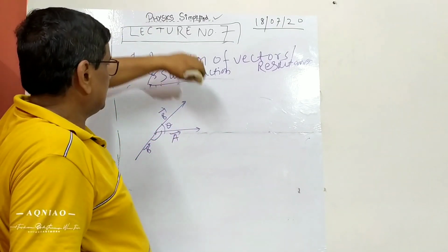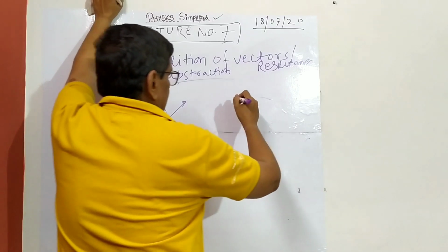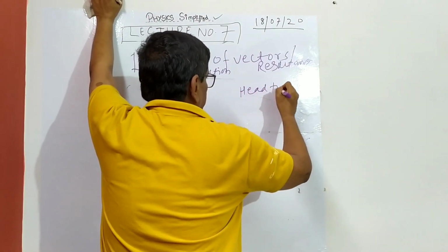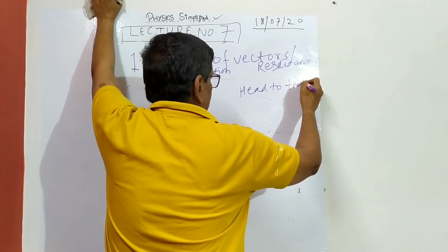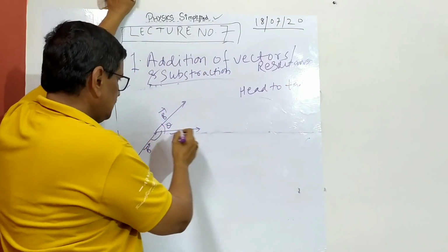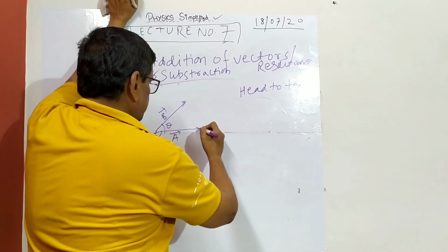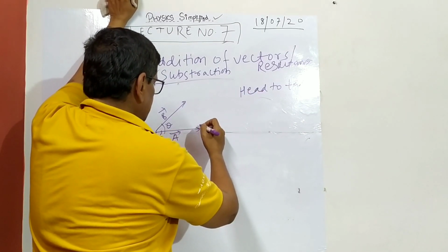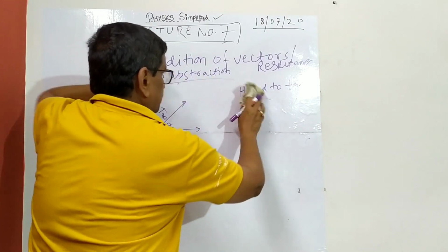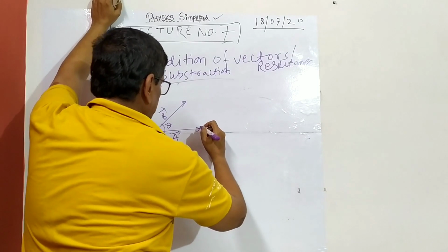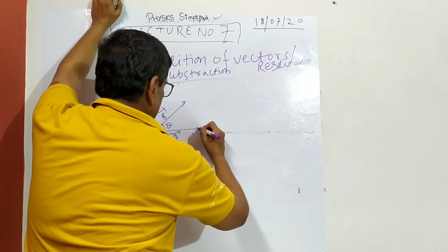So what we will do in addition, the concept of head to tail for both graphical, that you draw another vector. This is tail, this is head. So from this tail to head, like this is a vector from tail to head. So you will put another one from this head.